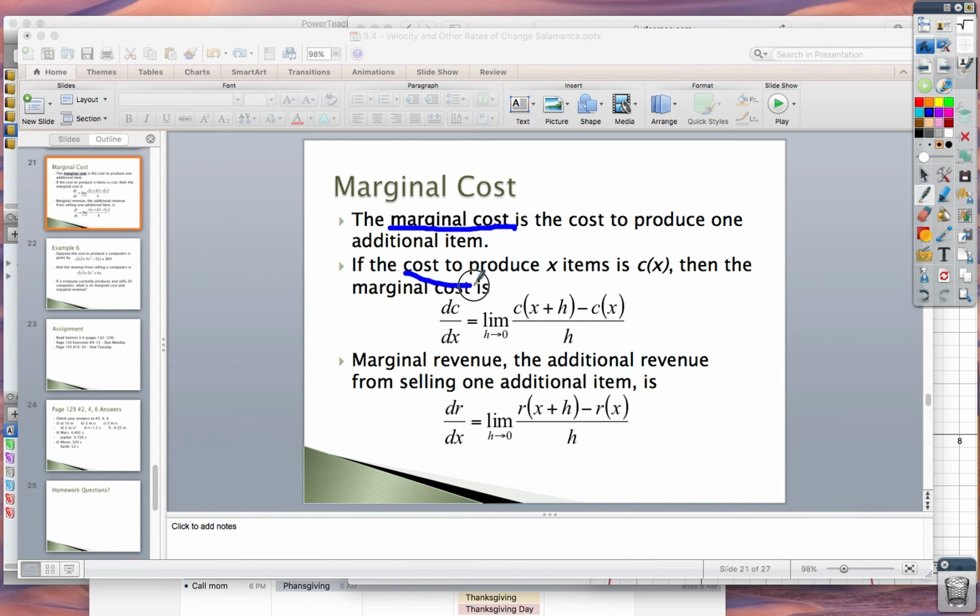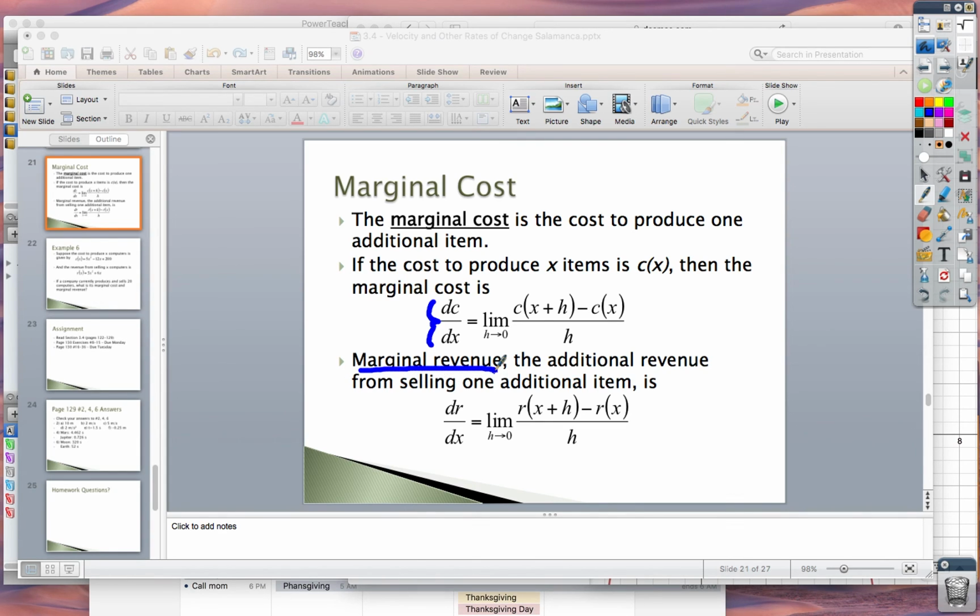Now, if the cost to produce an item is C of X, that talks about how much it costs to make or build something. The marginal cost talks about the change in that cost if we wanted to produce one more. So our marginal cost is just the first derivative. It's the rate of change of the original.